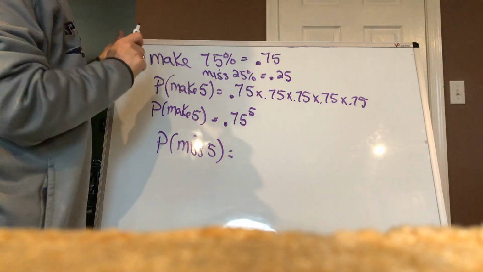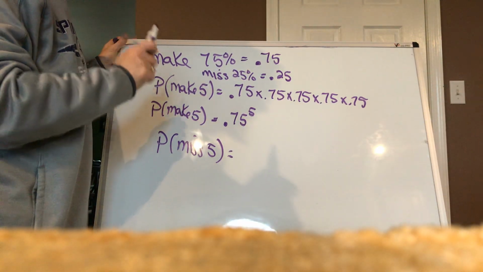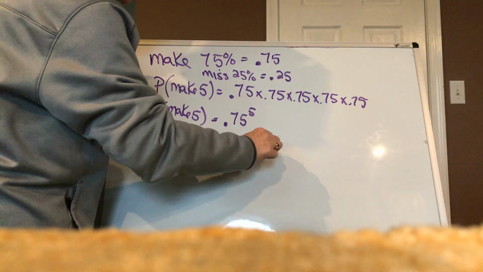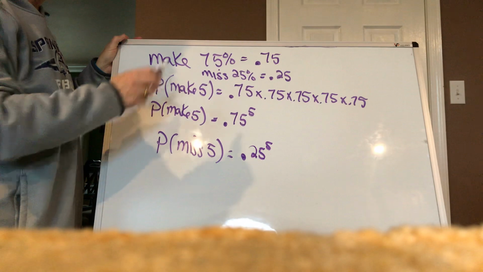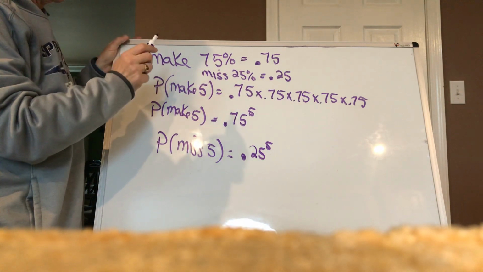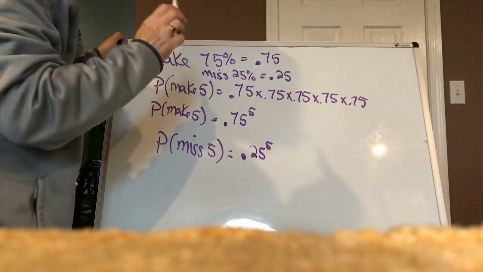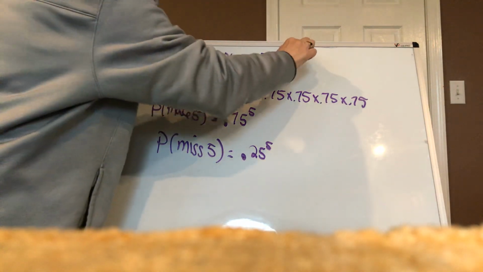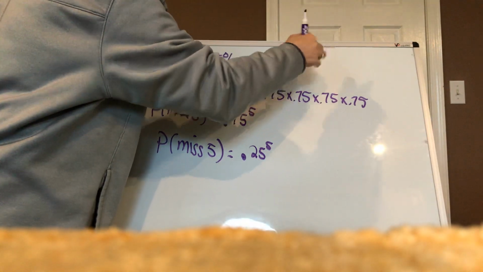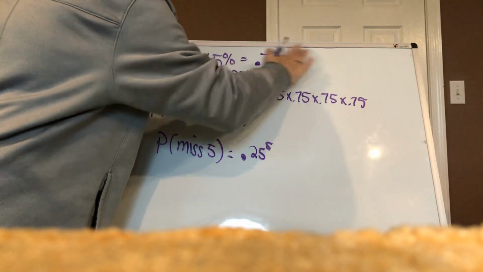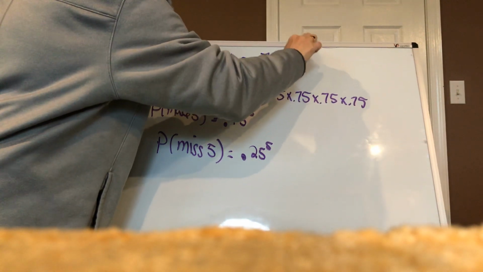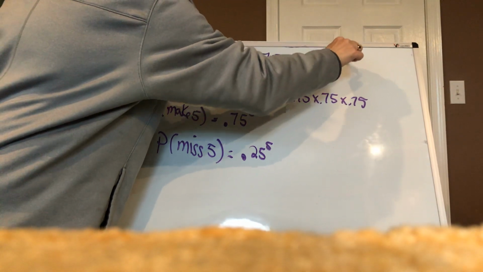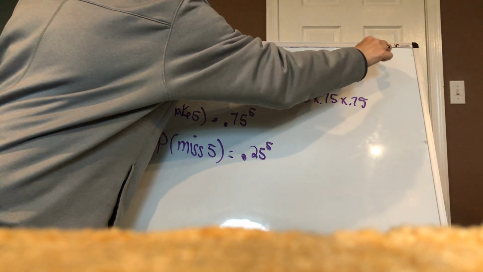Now, I've got to show you something because in Khan, they're writing this a different way. So this would really be 0.25 to the 5th. But that is not the way they're showing it. They're showing it like this. How are we coming up with this number up here? Aren't we doing 100% minus 75% gives me 25%.